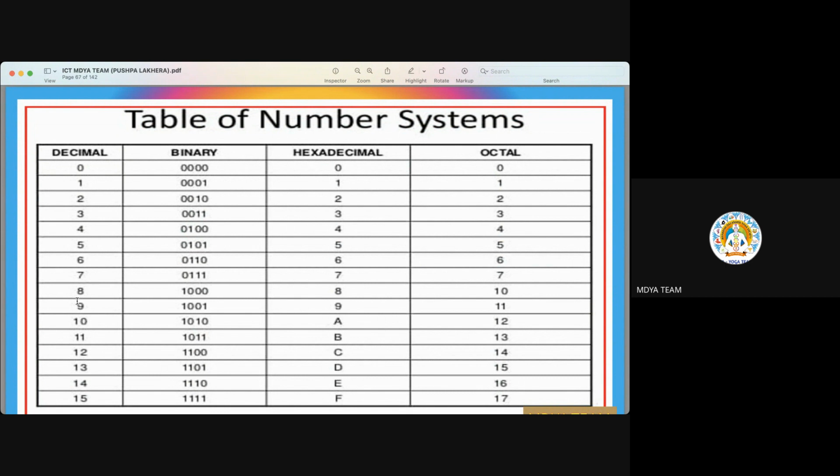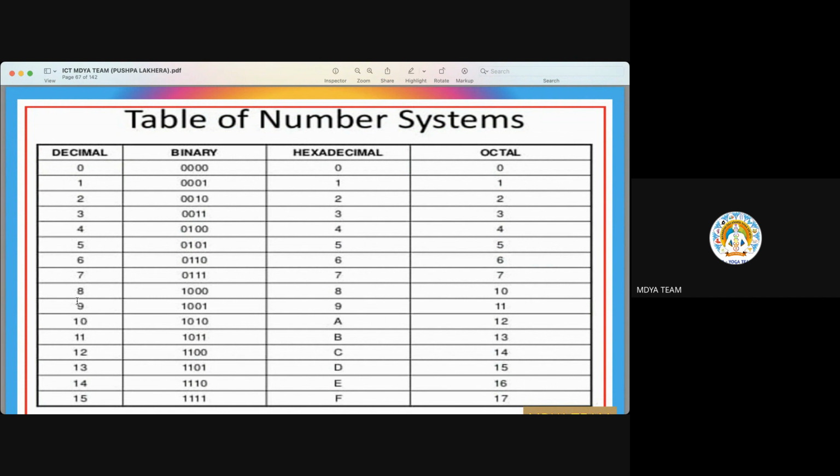Do we have to remember this? No, no need to remember. You need to remember how to do the conversion, which we'll see later. You don't need to remember this, you have to remember the conversion process.